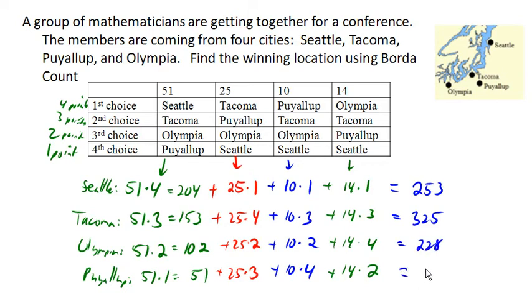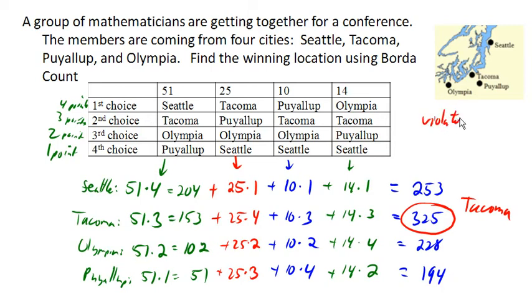And so the winner under this election is the choice with the highest number of points, and so the winner is Tacoma. And you should immediately notice an issue here, in that the choice that had the majority of first place votes didn't win.